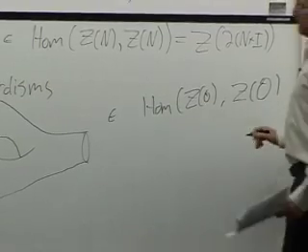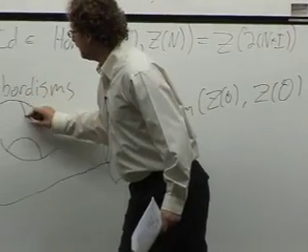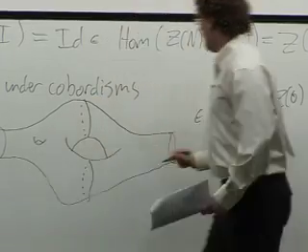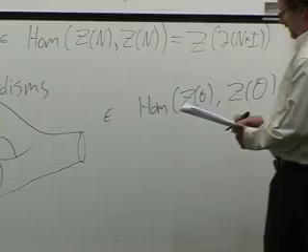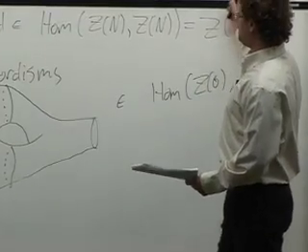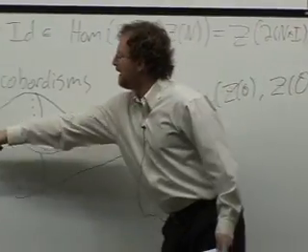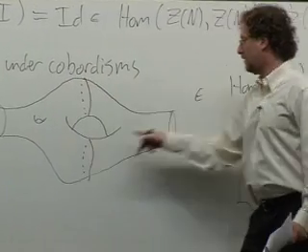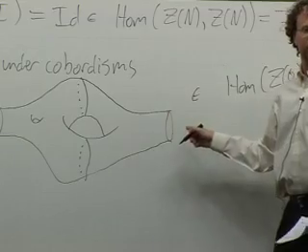But now, suppose I cut this, and I think of this as a composition of cobordisms. I want this element to correspond to composing the map from the circle to circle times circle with the map from circle times circle to circle given by the two pieces.